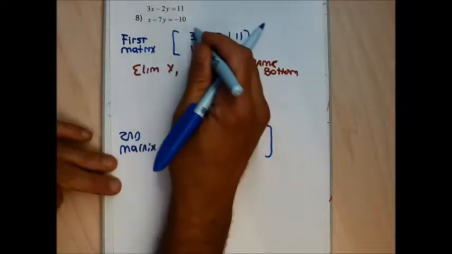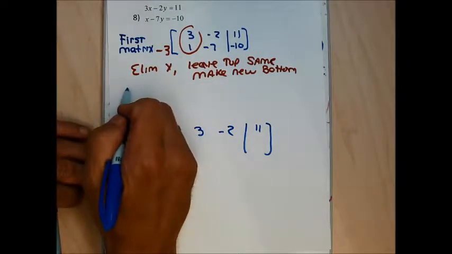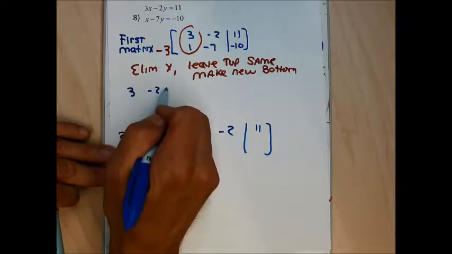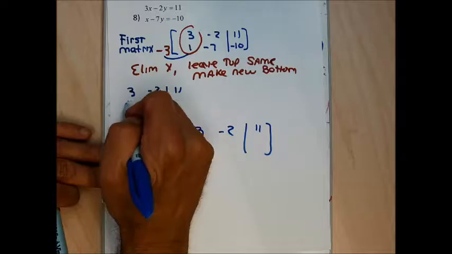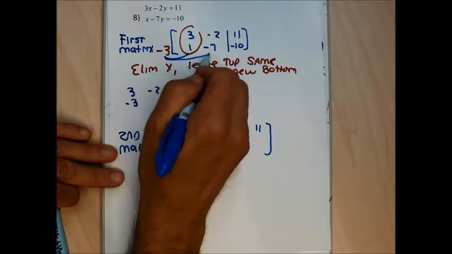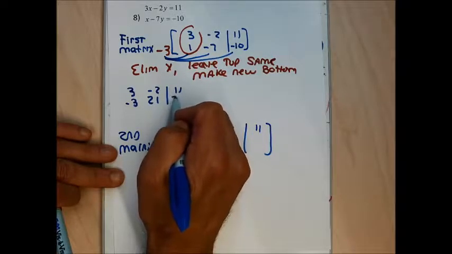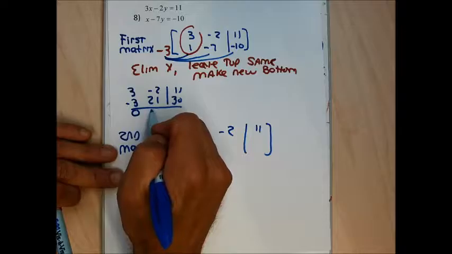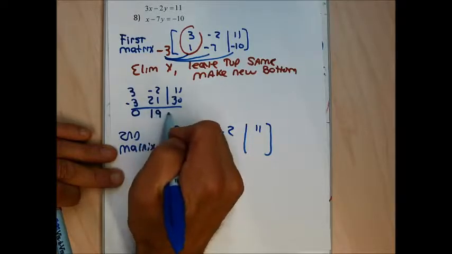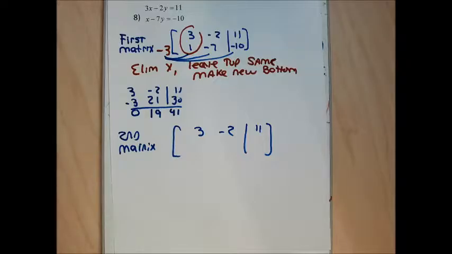To eliminate the x's, I'm going to multiply the bottom by -3, so the x's will go. The top I'm going to leave at 3, -2, and 11. Then for the bottom, -3 times 1 is -3. -3 times -7 is 21. -3 times -10 is 30. Add these together, I get 0, 19, and 41. Really, I'm worried about this a little bit, so let me make sure I haven't messed up.